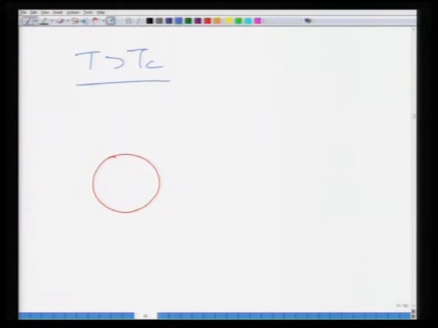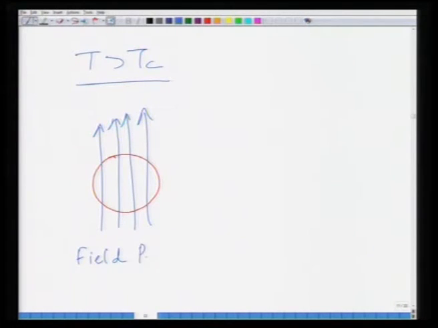When you apply a field to a normal metal, the field penetrates completely. So this is the normal state.